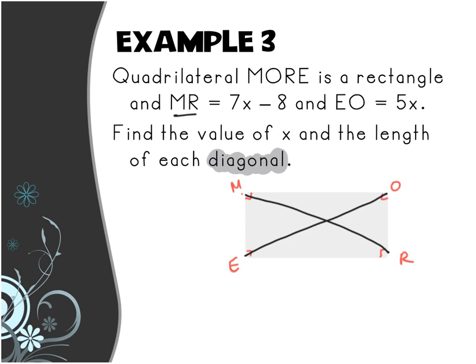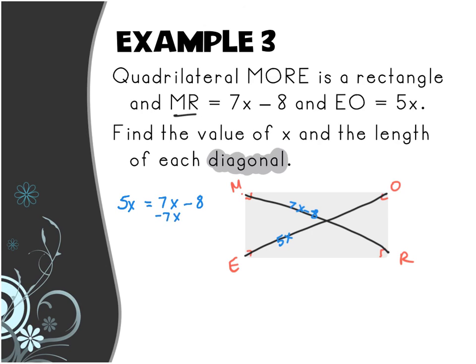What's a segment that connects two non-consecutive sides? Diagonal. That's why she highlighted. Yeah, I did. What's true about the diagonals in a rectangle? They're equal. So I can say 5x equals 7x minus 8.